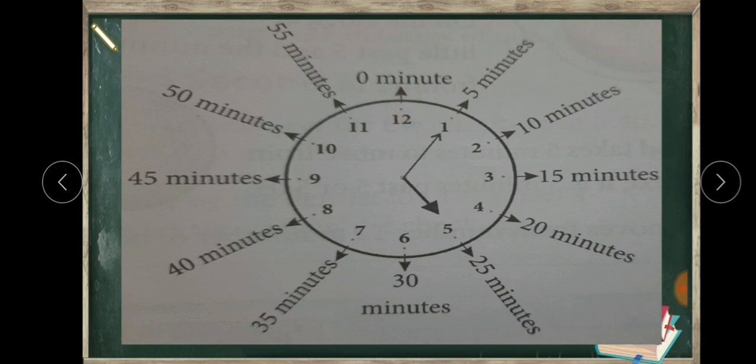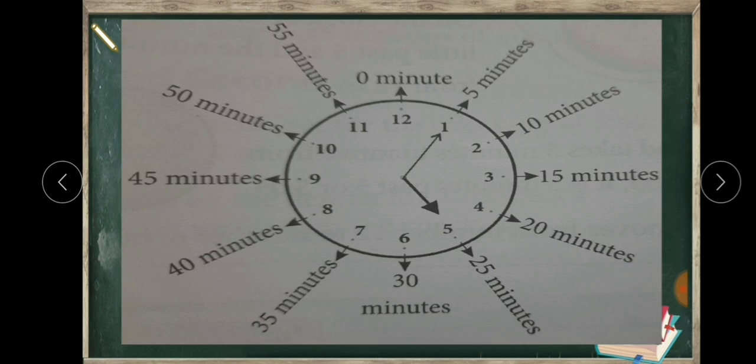Then here the hour hand is on 5 and the minute hand is on 1. The hour hand shows the hour, that we learned, and the long hand shows minutes.